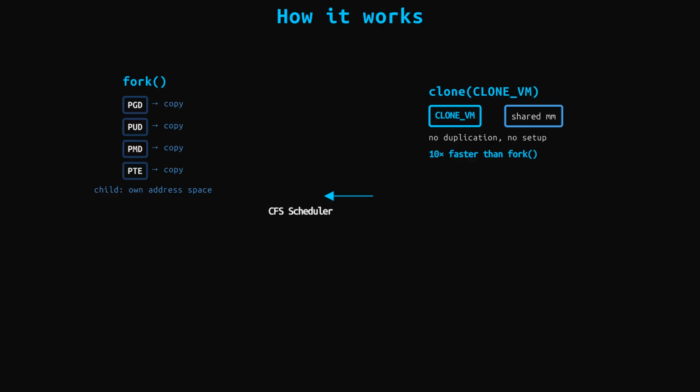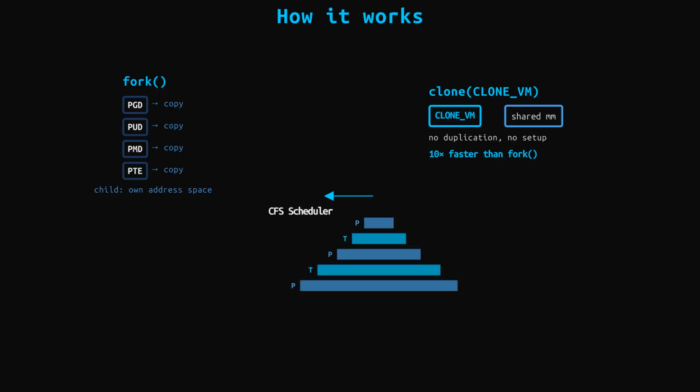Once they're running, the scheduler sees no difference. Linux's CFS keeps a sorted tree of tasks by how much CPU time each has consumed. It always picks the one that got the least. Process or thread, it doesn't matter. But switching between processes costs more. Every switch loads a new value into CR3, the register that points to the page tables. That flushes the TLB, your CPU's cache of address translations.